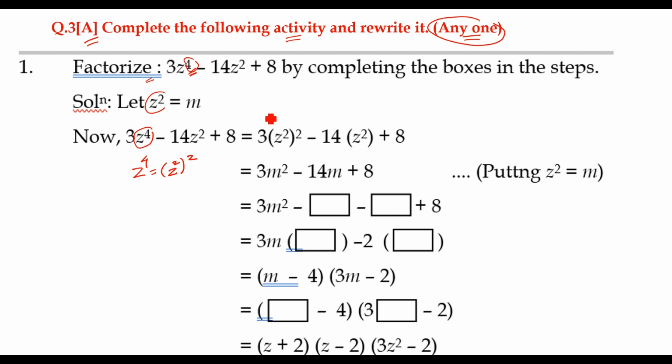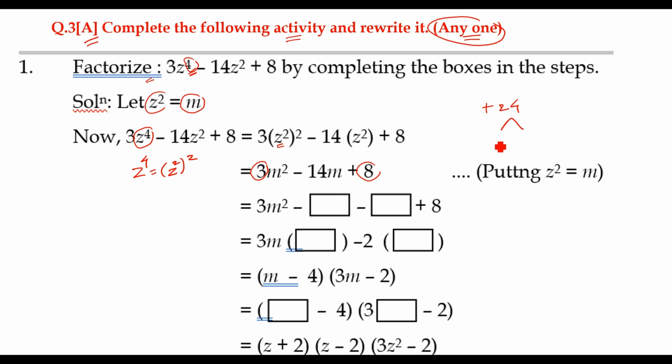Now we assume z square as m, so it is replaced by m, so this will be 3m square minus 14m plus 8. Now we have to factorize 8 multiplied by 3, that is 24.